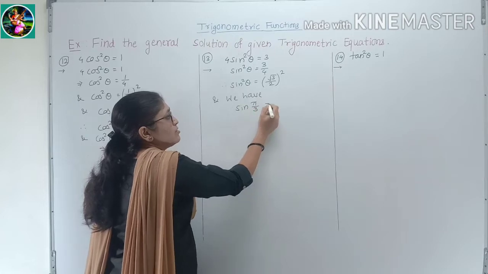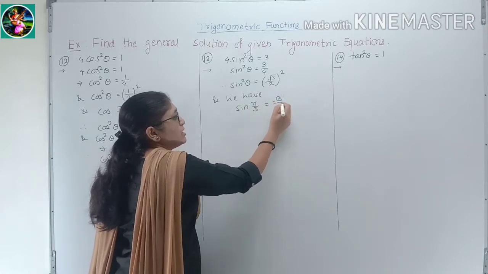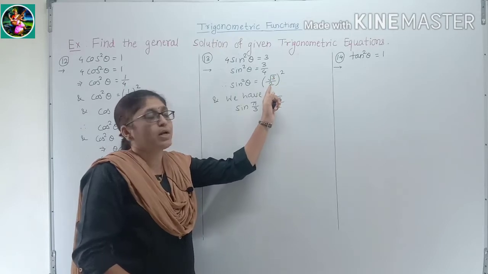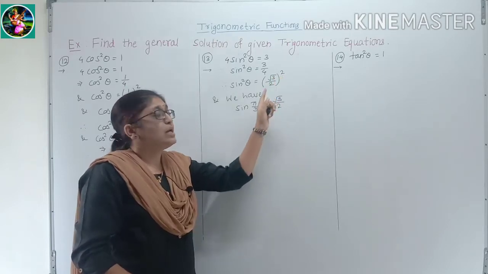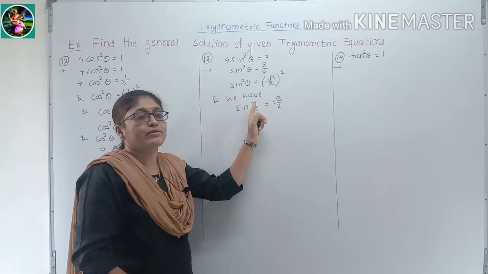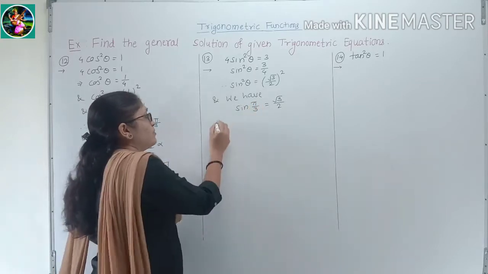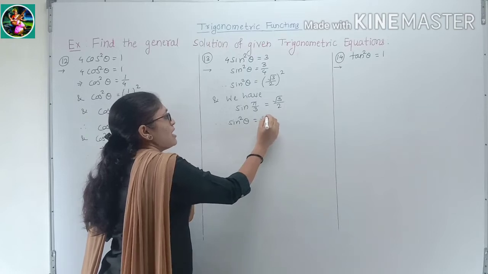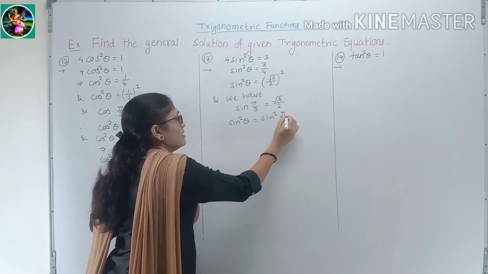Sin of pi by 3 is root 3 divided by 2. Therefore, that (root 3 divided by 2) whole square we replace by sin square pi by 3. Therefore, sin square theta is equal to sin square pi by 3.